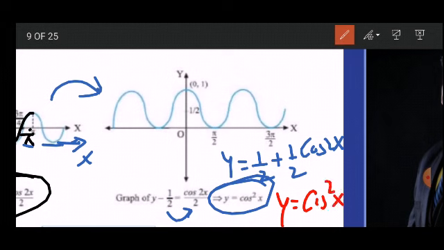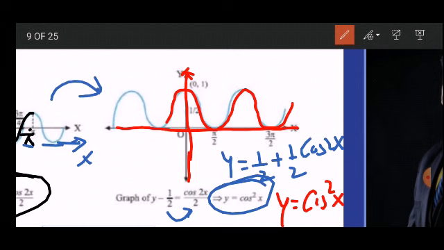Now this is the x-axis and here is the y-axis, and the graph is like this way. This is the graph of y equal to cos square x. Okay, fine. So it spans over here from 0 comma 1.